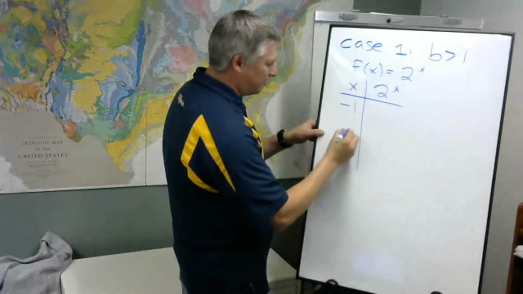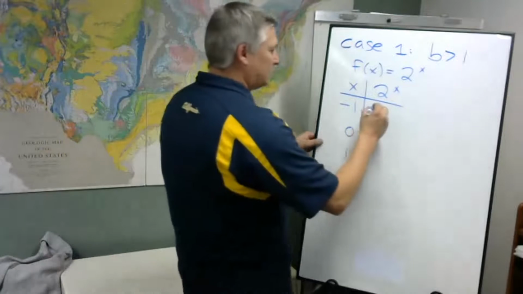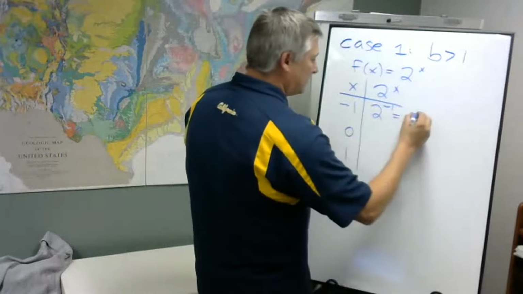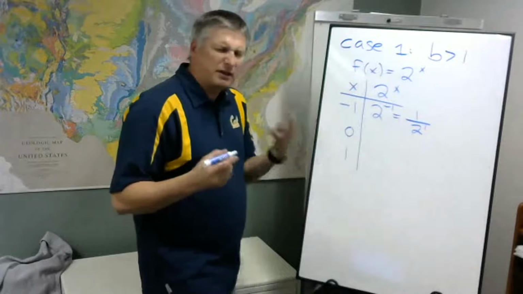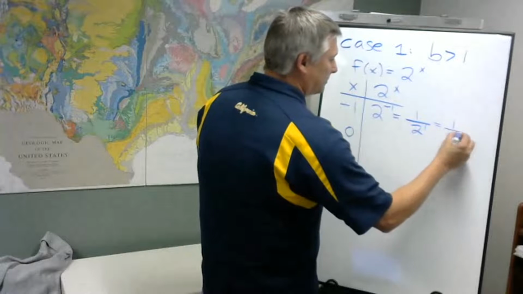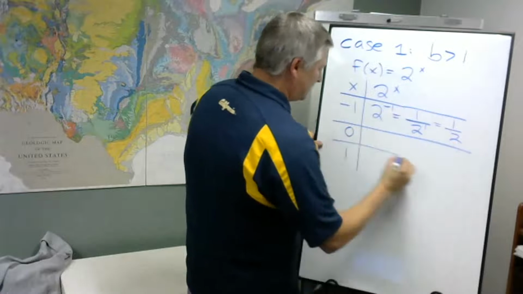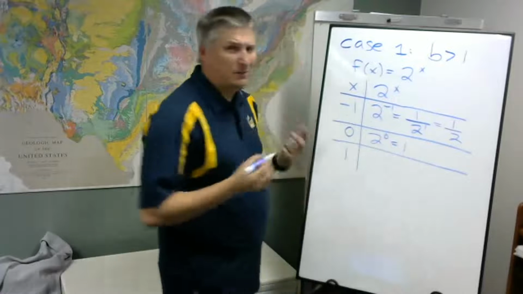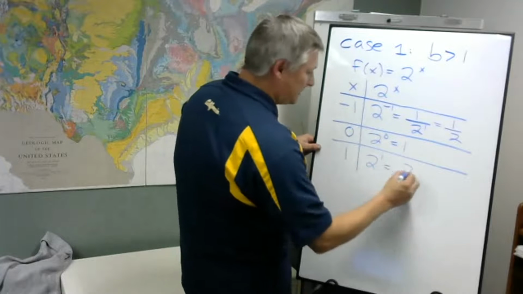Let's let x be negative 1, 0, and 1. So that means 2 to the x is 2 to the negative 1, and that means we take the reciprocal, 1 over 2 to the positive 1. Again, when you take that reciprocal, the negative goes away. You get 1 over 2. Now, 2 to the x, when x is 0, that's just going to be 1. And then 2 to the 1, because x is 1, that's just going to be 2.